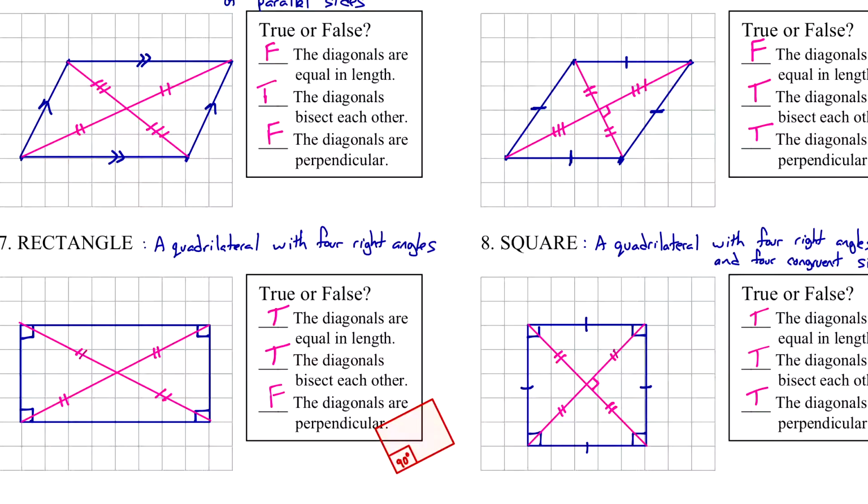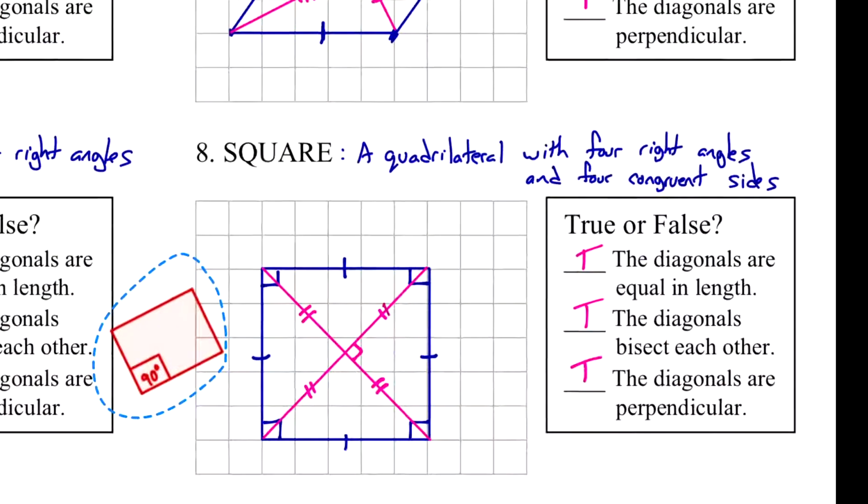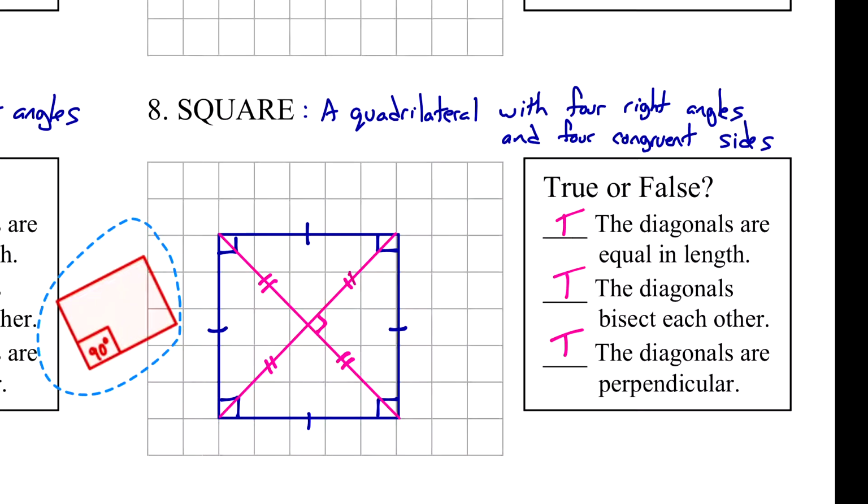So, all right. And the last one is our square. And this is the only one that has true for everything. Diagonals are equal in length. Awesome. Diagonals bisect each other. Awesome. Just like the rectangle. And diagonals are perpendicular, just like the rhombus.